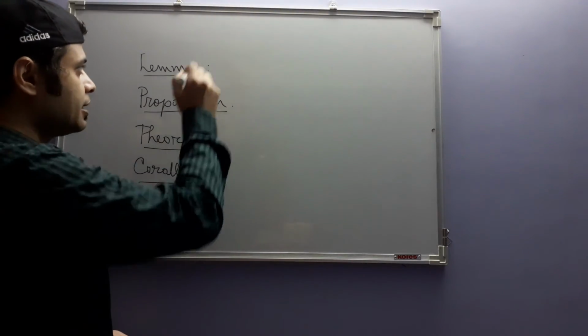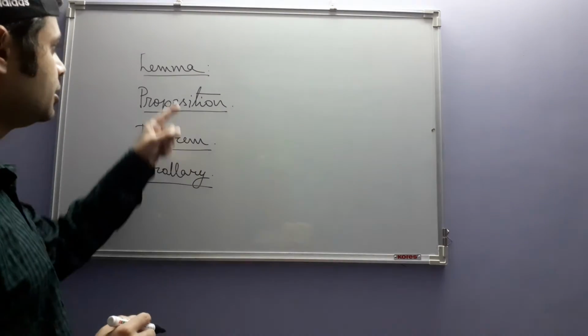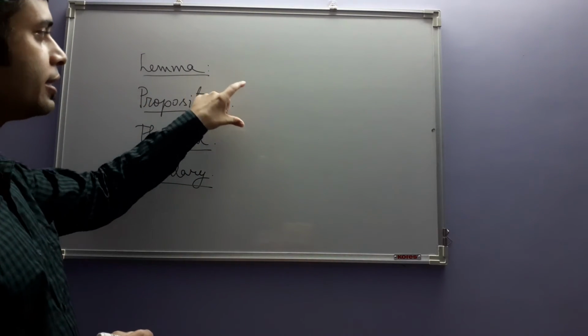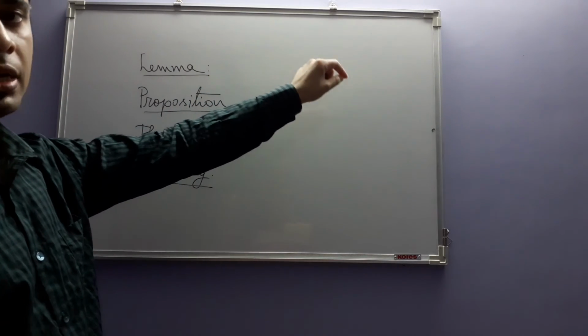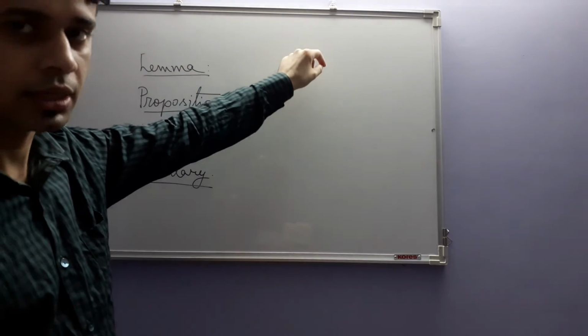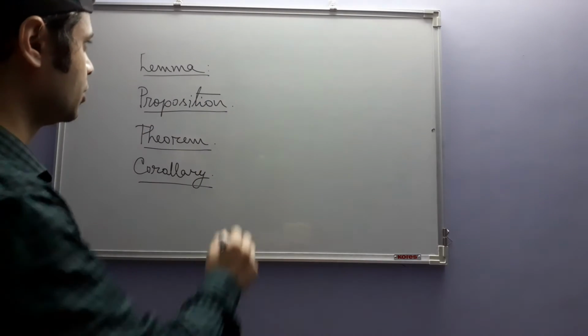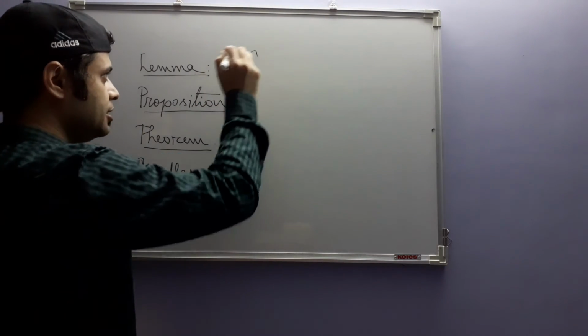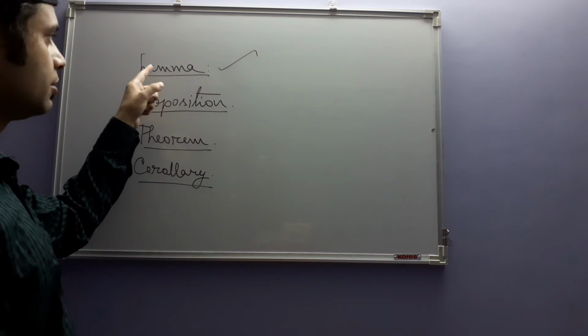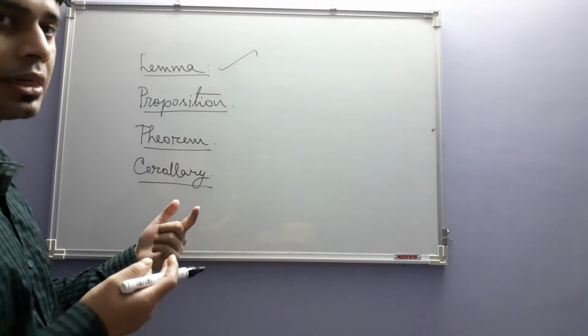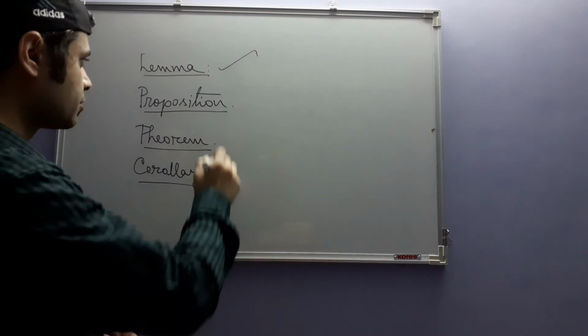A lemma is a minor result which can be proved relatively easily using the hypothesis and some elementary properties of the mathematical objects involved. So it's a rather easy to derive result. It's not that important but somewhat necessary.